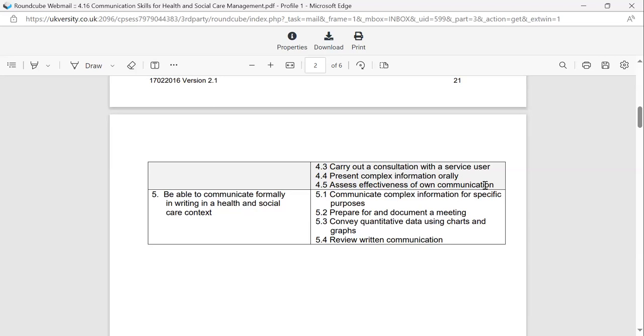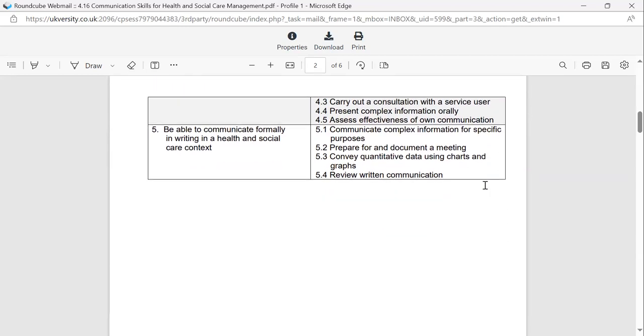Then the final learning outcome, learning outcome 5, is to be able to communicate formally in writing in a health and social care setting. 5.1, communicate complex information for specific purposes. 5.2, prepare for a document and a meeting. 5.3, convey qualitative data using charts and graphs. And 5.4, review the written communication.